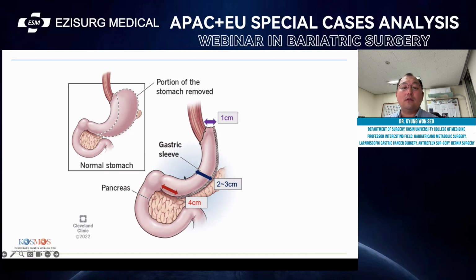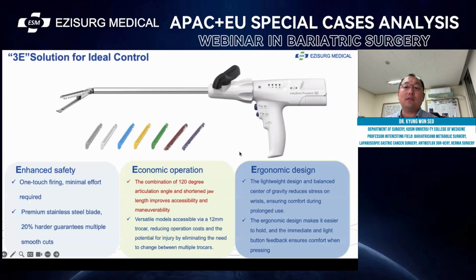And the third one is 4 centimeters of distance from the pylorus to the first stapler to make a safe gastric sleeve.